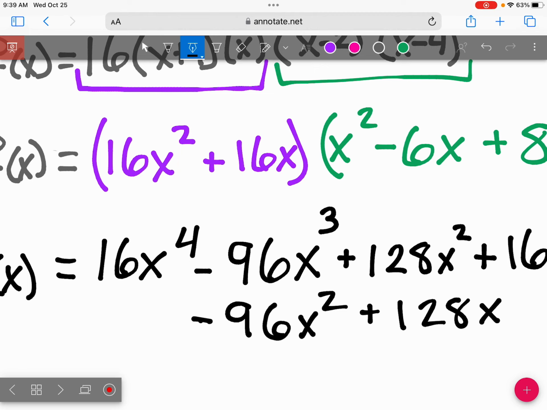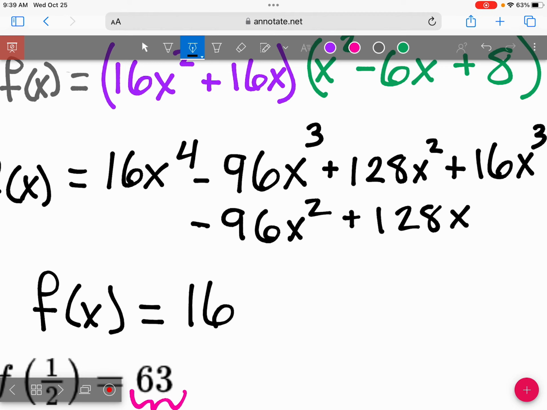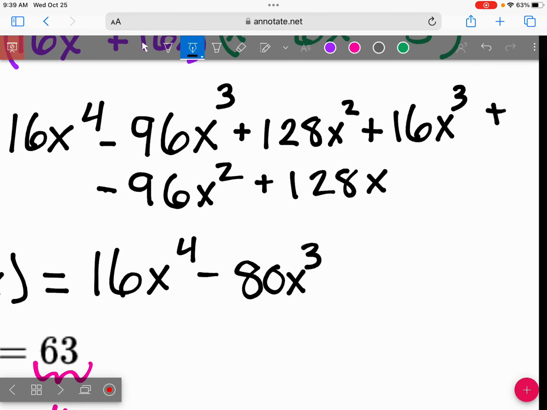We did a few at the beginning, yeah. So we're going to have f of x is 16x to the fourth. What is our coefficient for the x cubed? Negative 80x cubed. How about for our x squareds? 32x squared.